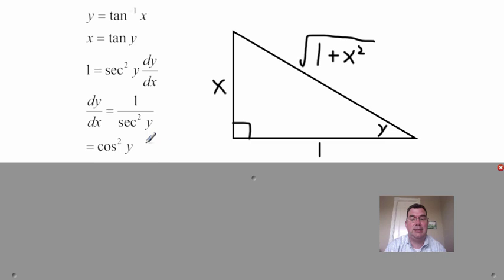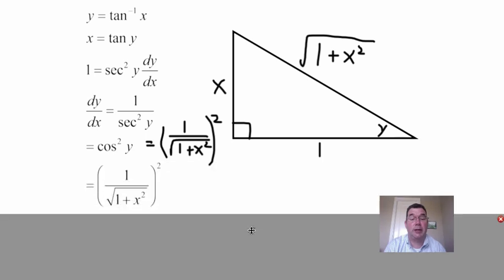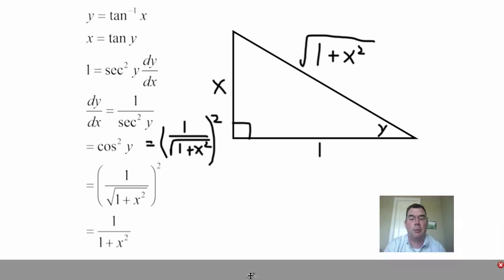So what that is is this fraction here, 1 over the square root of 1 plus x squared, and all of that is cosine of y, but all of that is being squared, which is going to take care of the square root on the bottom. So it's all of that squared, which makes the 1 a 1, and it makes the square root of 1 plus x squared just 1 plus x squared. So the derivative of inverse tangent is 1 over 1 plus x squared.